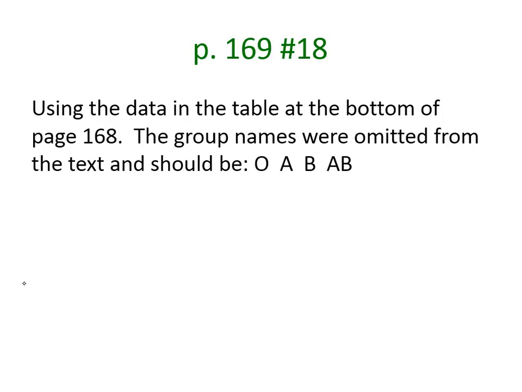So on part A, if these are independent, we take the probability that the first person is type B negative, the second person is B negative, and the third person is B negative. What's the probability that the first person is B negative? 2 out of the 100 people.